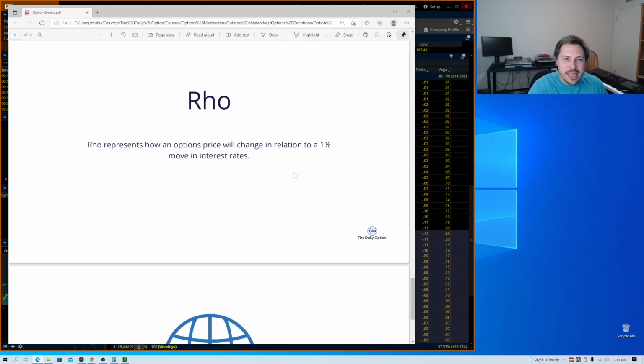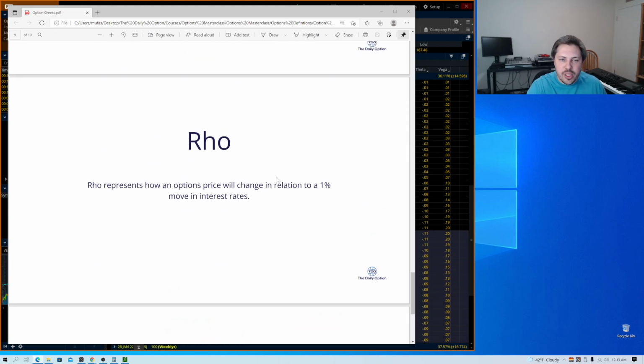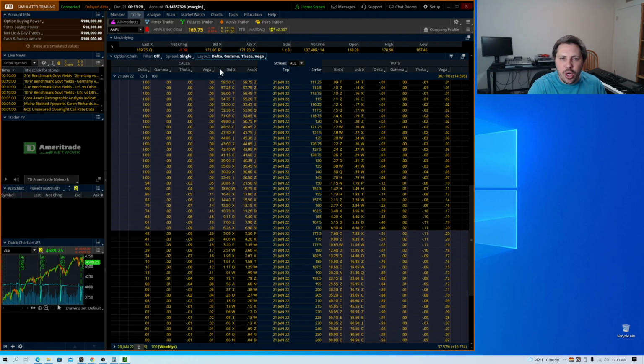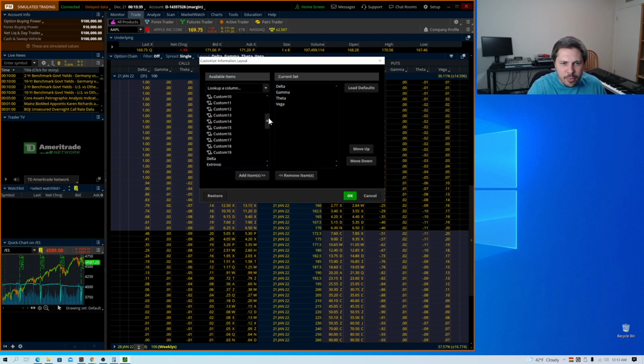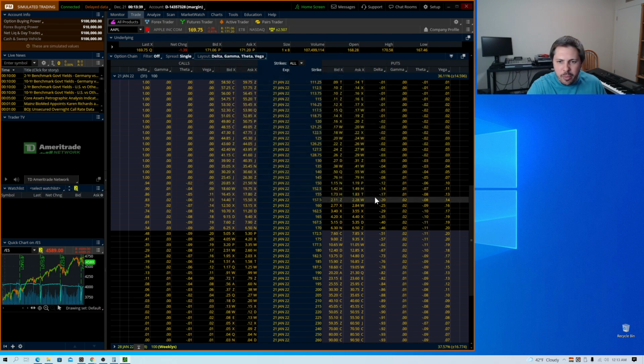So last but not least is rho, and rho represents how an option's price will change in relation to a 1% move in interest rates. Again, rho, they don't even have it here. I'm not sure if I could customize this and bring it up. I might be able to. Yep, here it is. So there is rho, but we're not going to look at it because it's not that big of a factor when it comes to short-term option prices.